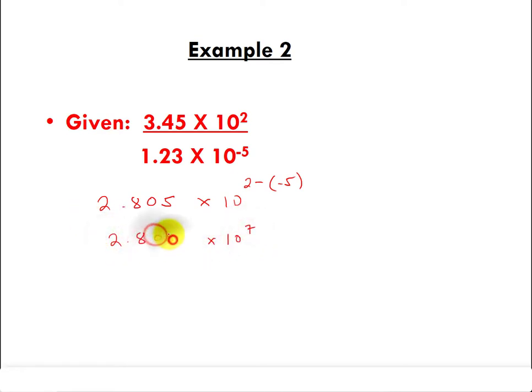Bring this one down. Now since this number is between 1 and 10, we are going to say that this is now in scientific notation. Alright, so there we go. That's how we apply our exponents on how to simplify, how to multiply and divide scientific notation.